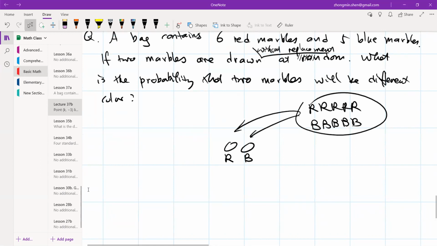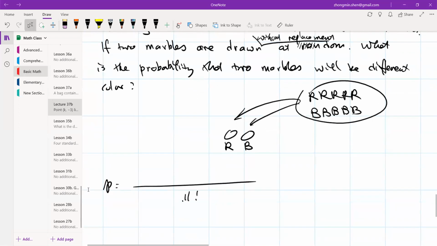Okay, if you don't count the order, the number of all possible pairs of marbles, right? You have 11 marbles. You withdraw 2, right? So 11 factorial over 2 factorial and 9 factorial. That's the total number of pairs of marbles. Okay, because we don't care which one's first, right?